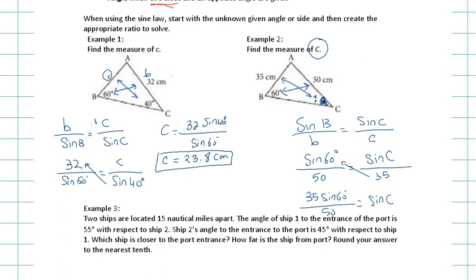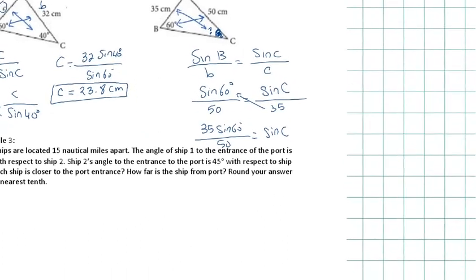You do 35 times sine 60 divided by 50. Oh, that's 0.062.